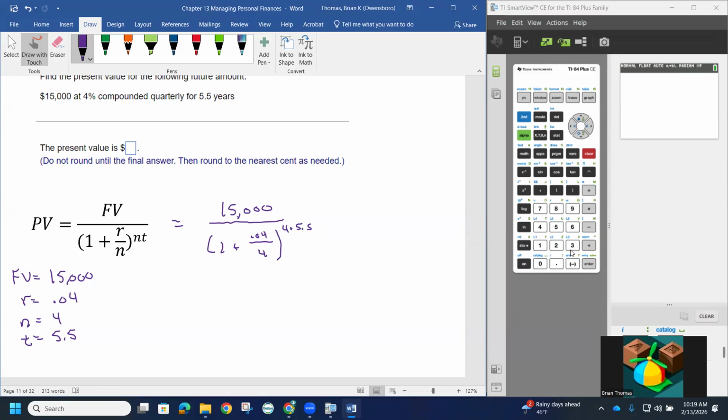So what I'm going to do on the calculator is just type in the numerator to start with, 15,000, hit enter. Then I'm going to type the denominator in a separate piece. In parentheses, I've got 1 plus a fraction, so alpha F1, 0.04 divided by 4.